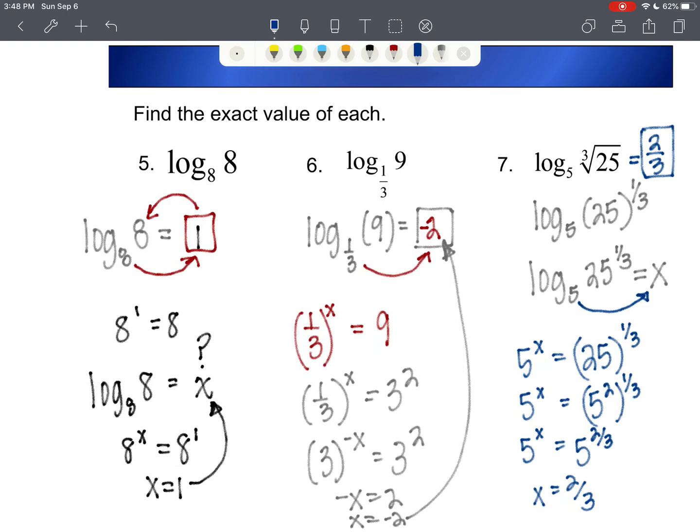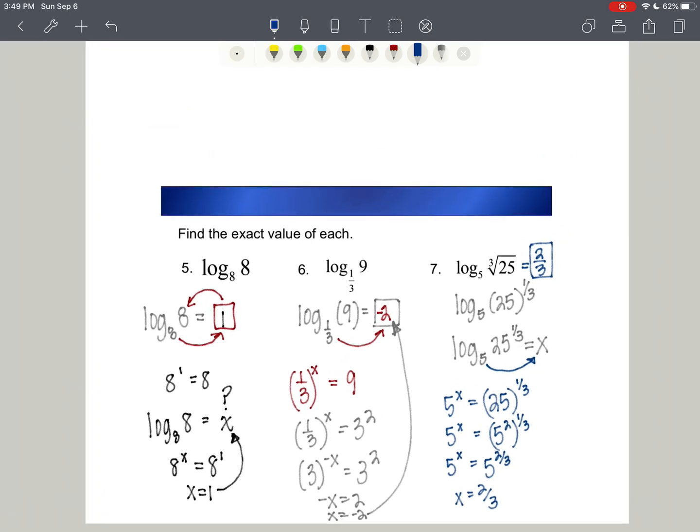So maybe number 5 you could do in your head, but number 7 you need a little bit of assistance. Set it equal to x. Eventually with practice, you may be able to just rewrite and get this answer of 2/3. But quite honestly, just me looking at it, that would even be a little difficult for me. So don't put too much pressure on yourself. Go ahead and set it equal to x if you find that that's helpful.